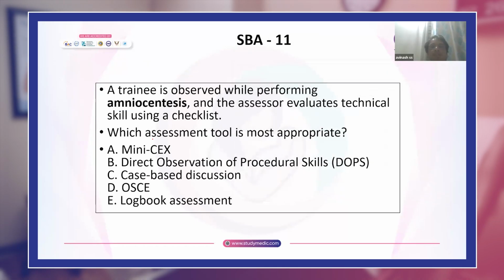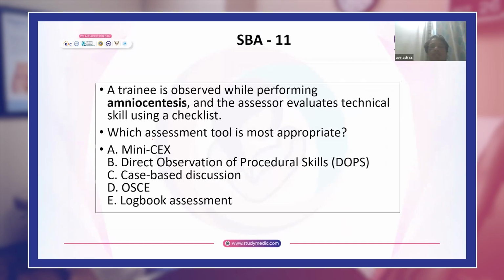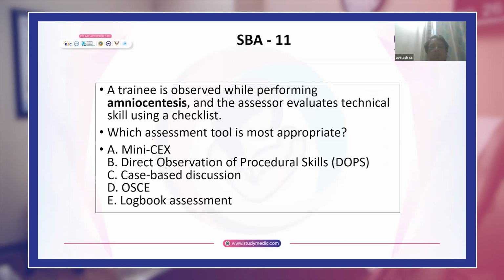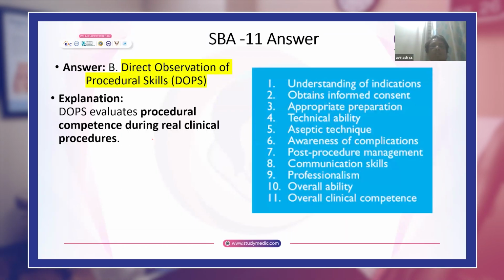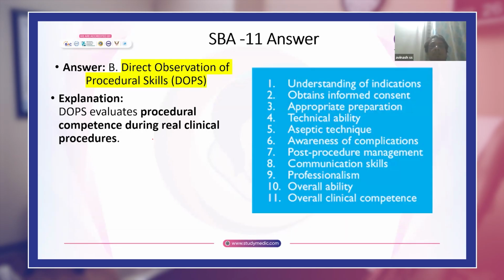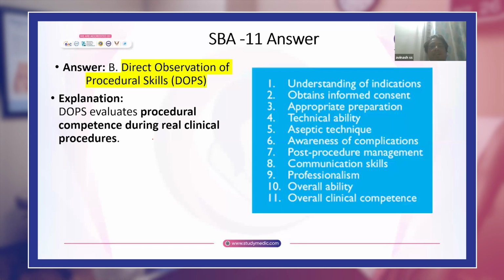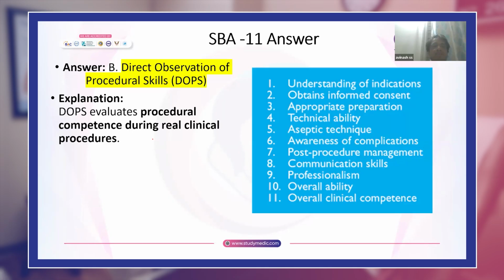A trainee is observed while performing amniocentesis, and the assessor evaluates technical skills using a checklist. That means a technique is being observed using a checklist. And this is what I discussed earlier. The procedure is observed directly using a checklist, not necessarily history, counseling, etc. So DOPS is direct observation of procedural skills in a real clinical procedure scenario.